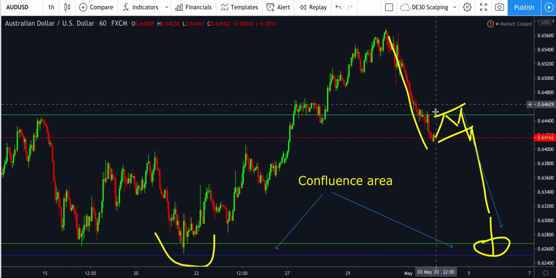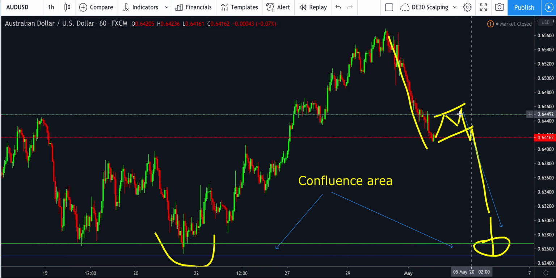The second scenario is price closing above this level, okay? But this is not my main trade setup.